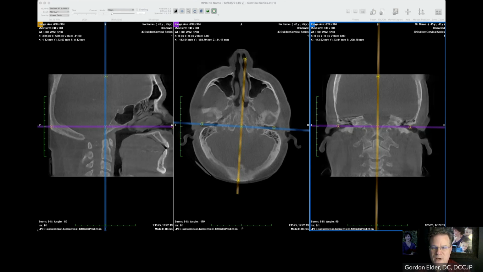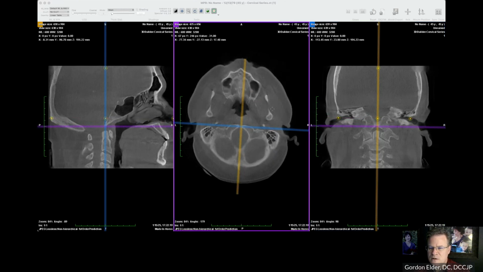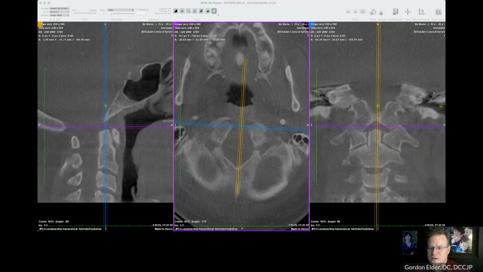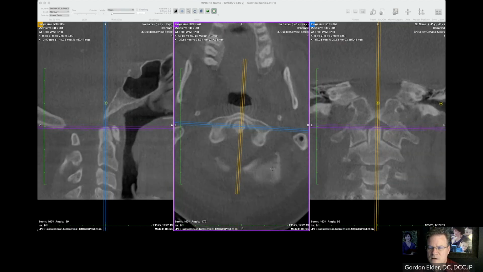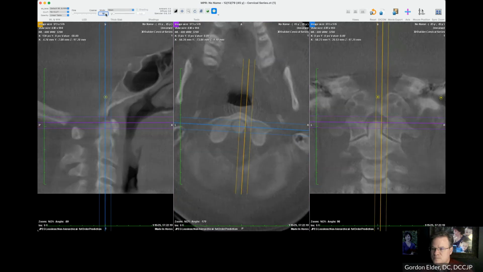All right, so how do we analyze that AO joint, the atlanto-occipital joint? We're going to scroll down, and I'm just going to bring this closer so that y'all can see. So we can see the lateral masses. Now, I'm going to bump this up to a 10 millimeter.